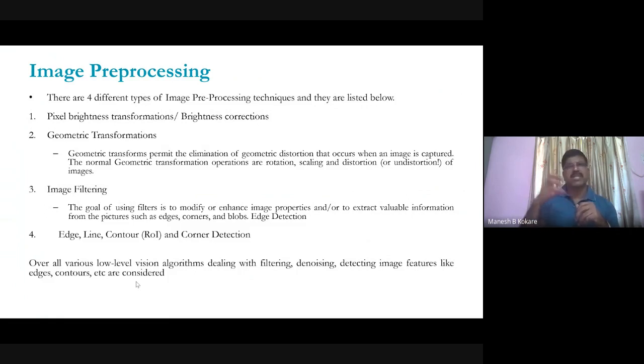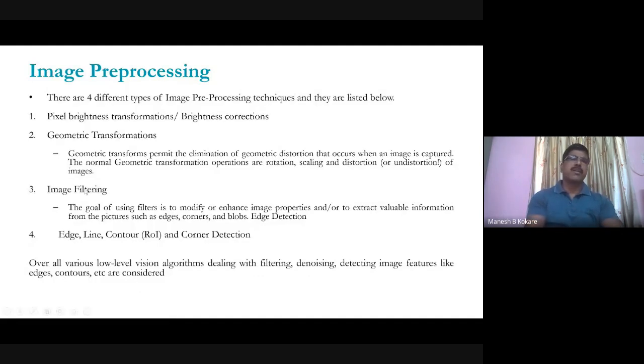Further processing, like detecting the image or finding meaningful information, becomes very difficult. Or, as I told you, when you capture an image while traveling in a car and your camera is also in motion, you sometimes get a blurred image, so you have to remove that. So pixel brightness transformation and brightness correction are very important. This is one technique.